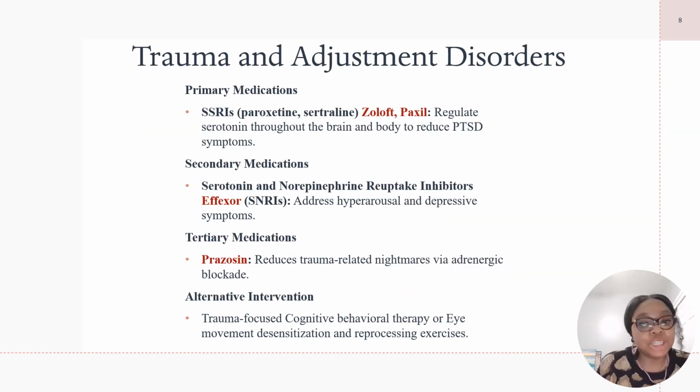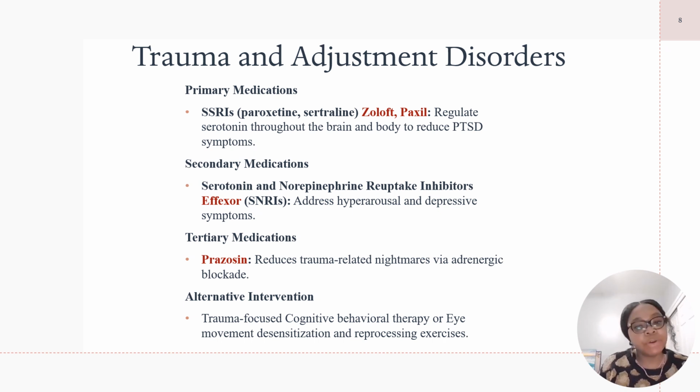We have our trauma and adjustment disorders, and so with the three medications, we have the alternative intervention. For the primary, an example would be Zoloft or Paxil, which regulate the serotonin throughout the brain and body to reduce the PTSD symptoms. Secondary medications, an example would be Effexor, which addresses the hyperarousal and depressive symptoms.